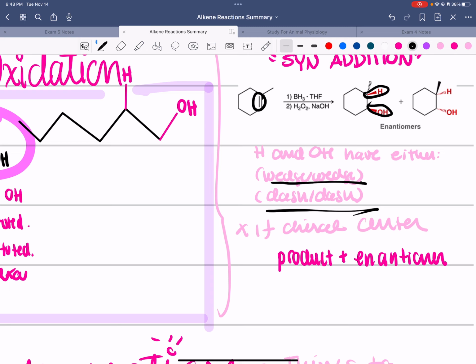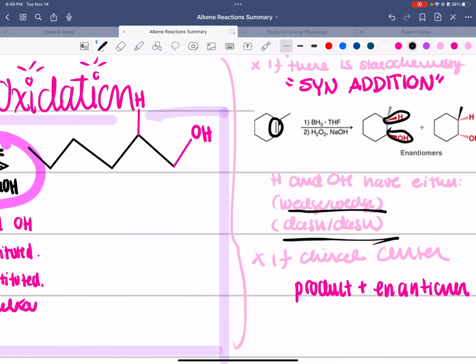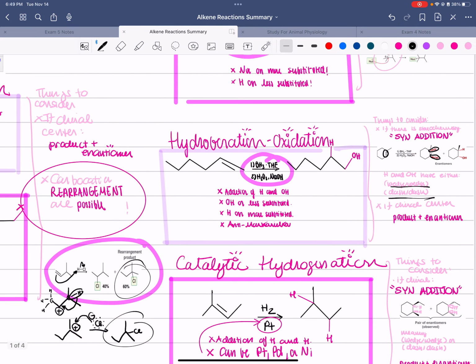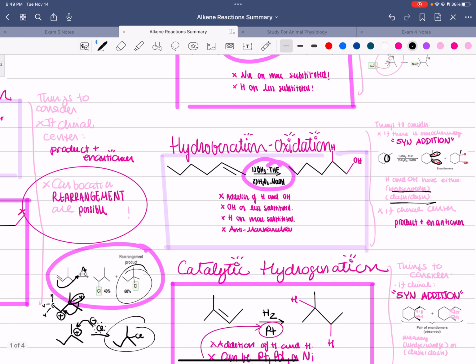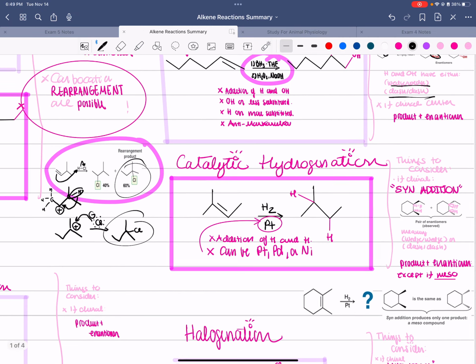We need them to be both wedge or both dash. And most of the time we're going to get a product plus enantiomer, unless of course you have to consider things like maybe you get a meso compound or you have symmetry, therefore you're just going to get one product. But most of the time it's product plus enantiomer.